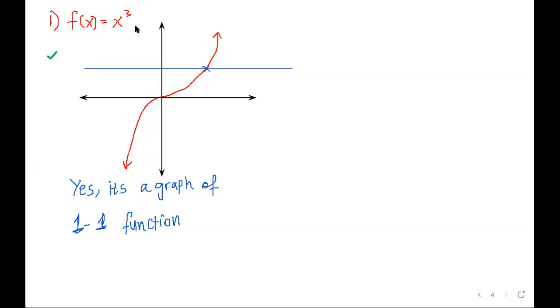Now for the second one, the function is f of x equal x squared.